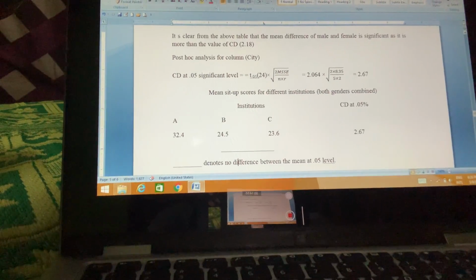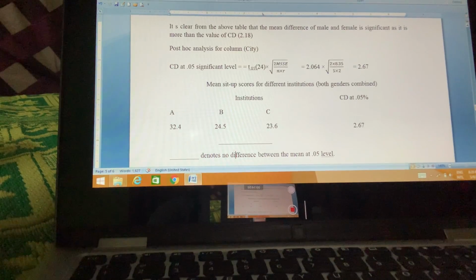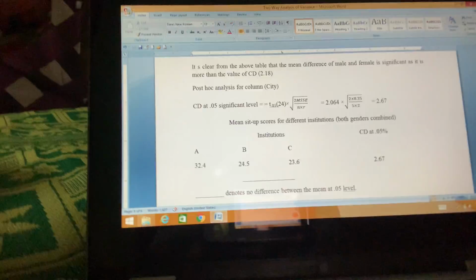The difference is not significant, whereas the difference between A and B and A and C, they are significant, right.